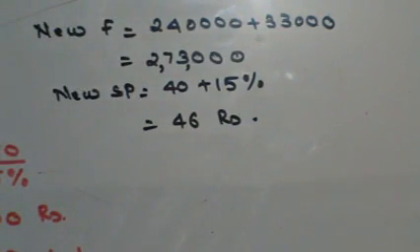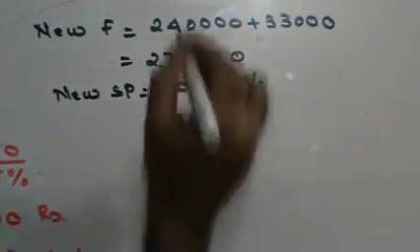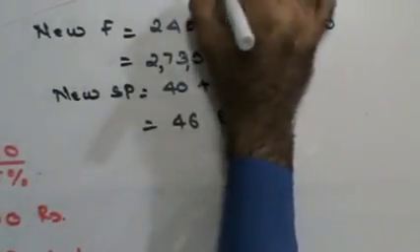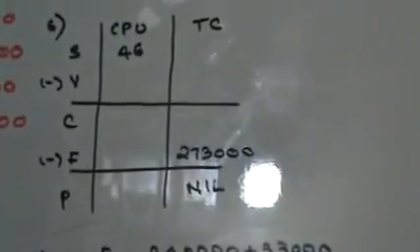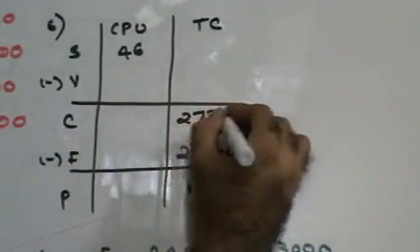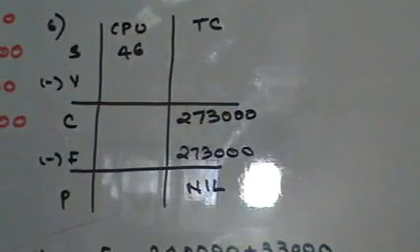They said to find the break-even point in number of shirts and sales. Since I want to find out break-even sales, my profit will be nil. For break-even sales, profit is nil. So if profit is nil, that means contribution will be 2,73,000.